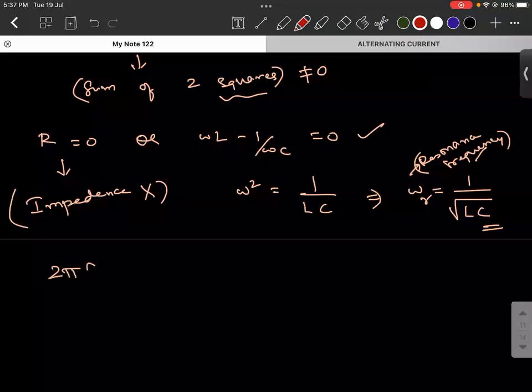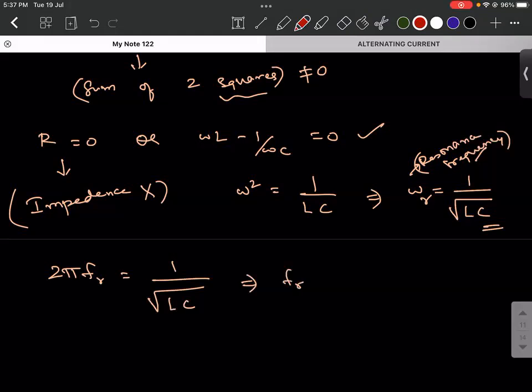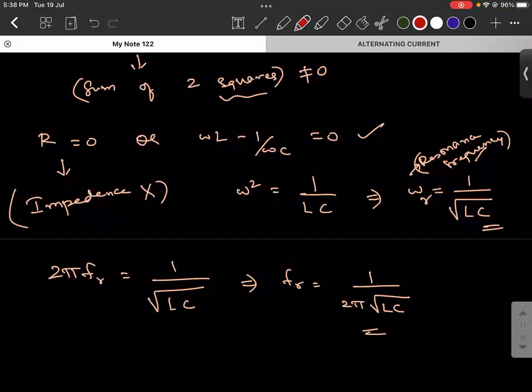Omega R can be written as 2 pi FR is equal to 1 divided by root LC, which implies FR is equal to 1 by 2 pi root of LC. So if you want the frequency in terms of radians per second, use this formula, that is omega R. If you want the frequency in terms of hertz, use 1 by 2 pi root LC.